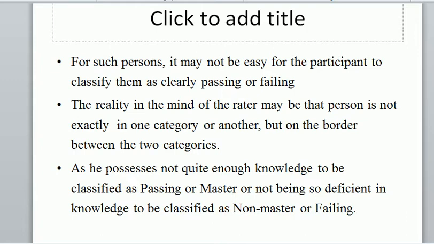It means that person may lie on the border of the two categories, pass or fail. So he possesses not quite enough knowledge to be classified as passing or master, or not being so deficient in knowledge to be classified as non-master or failing.